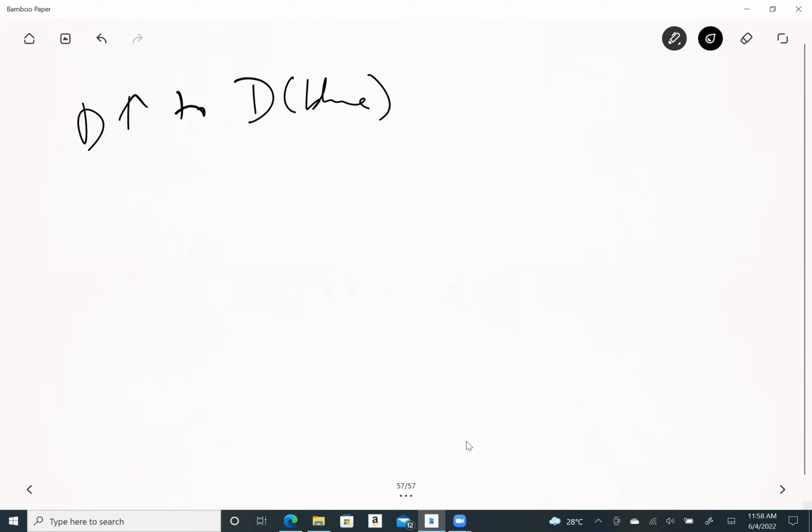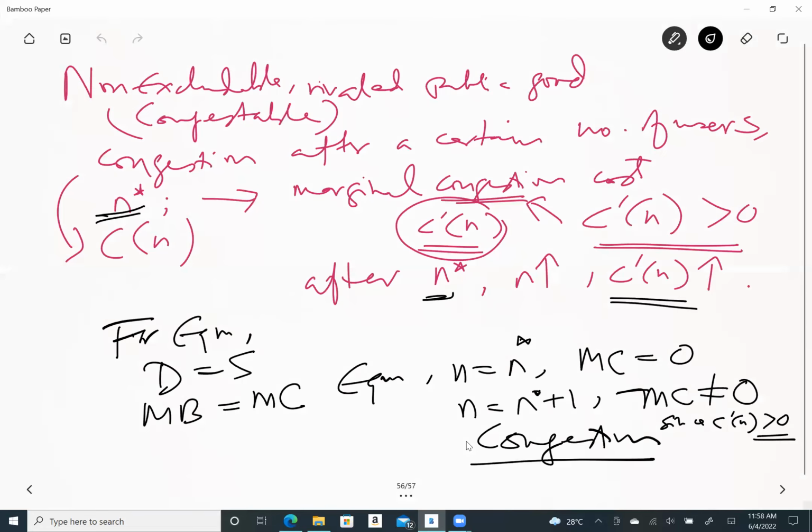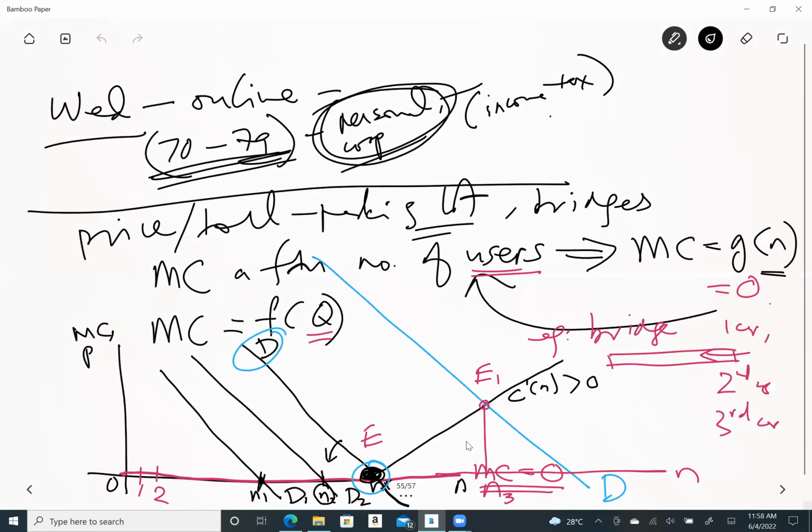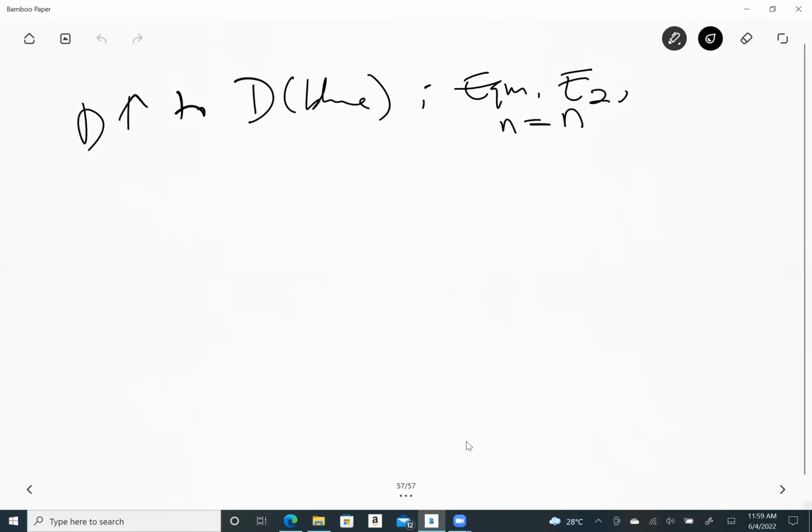The increase to D gives you the equilibrium E1, and the number of users is N3. Now, at N3, what happened here?